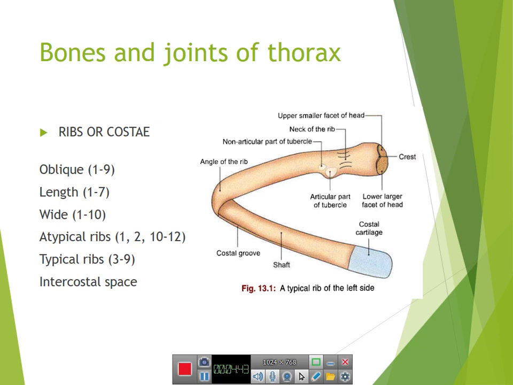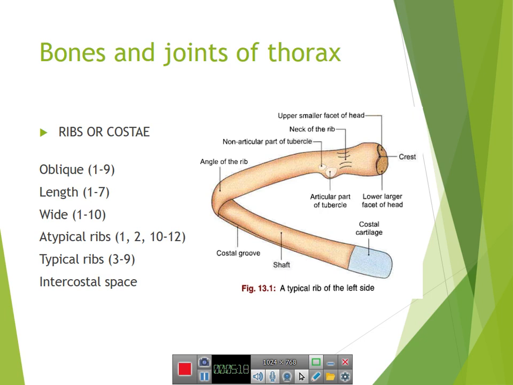As I said before in lesson 1, out of these, the cartilages of the 8th, 9th, and 10th ribs are joined to the next higher cartilage and are known as vertebrochondral ribs. The anterior ends of the 11th and 12th ribs are free and are called floating ribs or vertebral ribs.